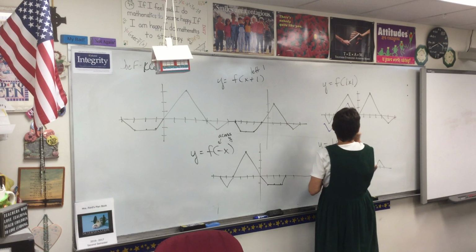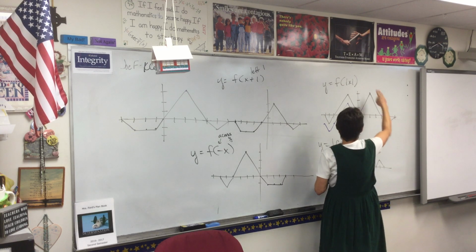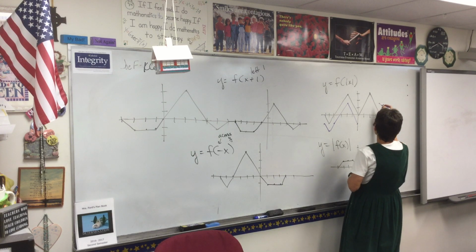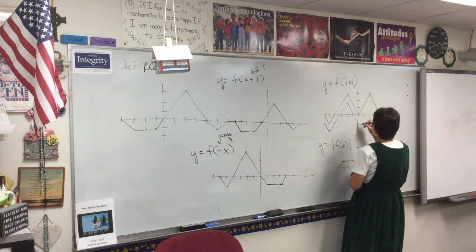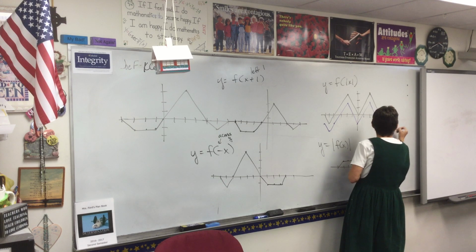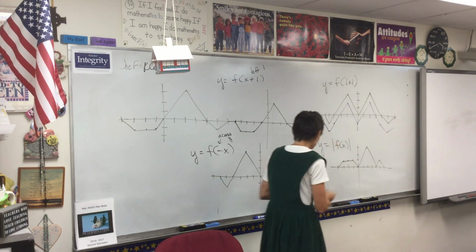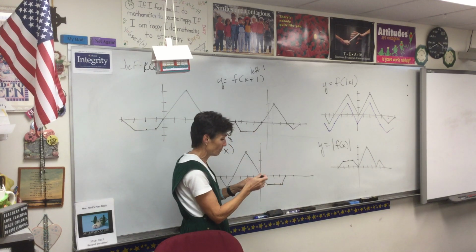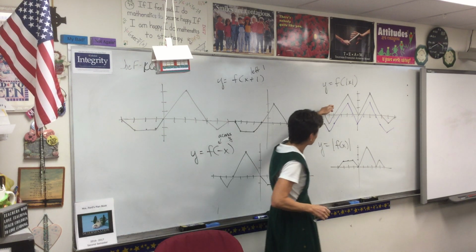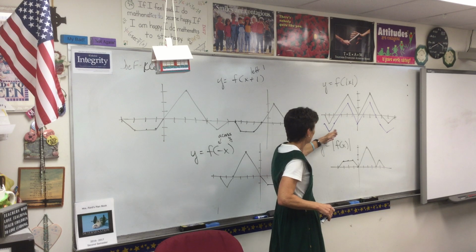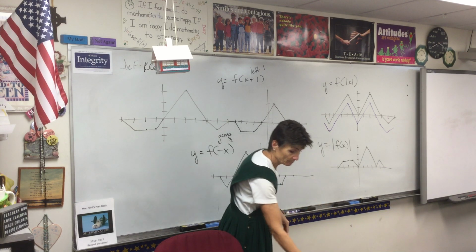So number 6 is my black line and number 7 is my purple line. So I was kind of lazy and didn't redraw it. I put them both on there. So number 6 is the black, and number 7 is the purple.